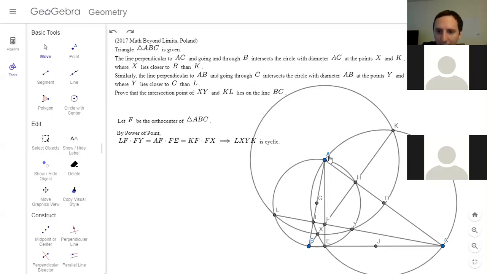Because if we project through A onto the circle, we get AXEC. BY and BL are tangents.